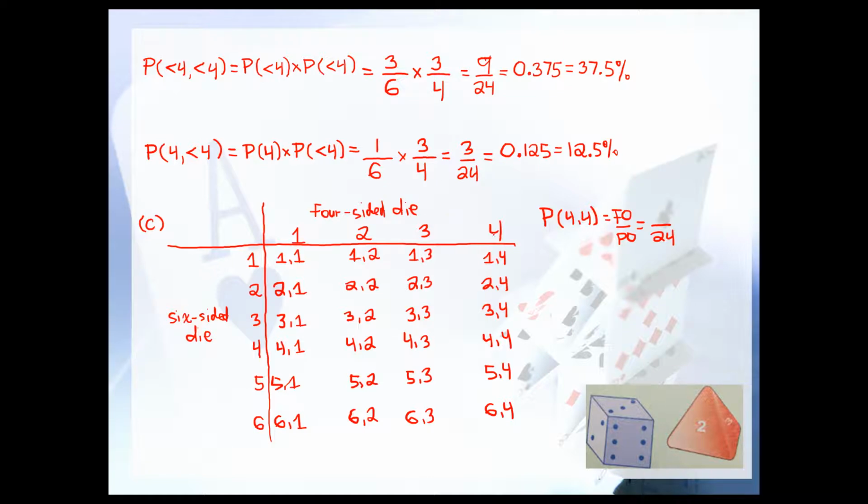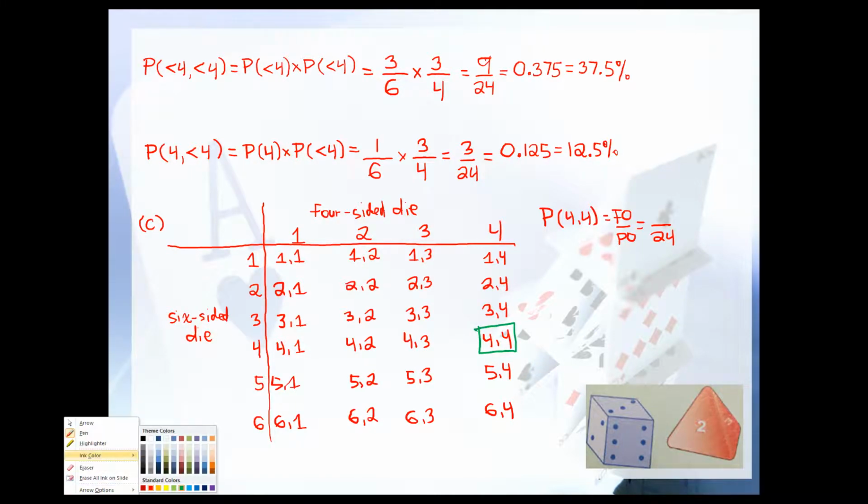And how many ways can you get exactly a 4 on both those die? If you look at the table here, there's only one way. It's going to be this entry specifically right here. So that would be 1 over 24. Let's see if that was the same number we got previously.